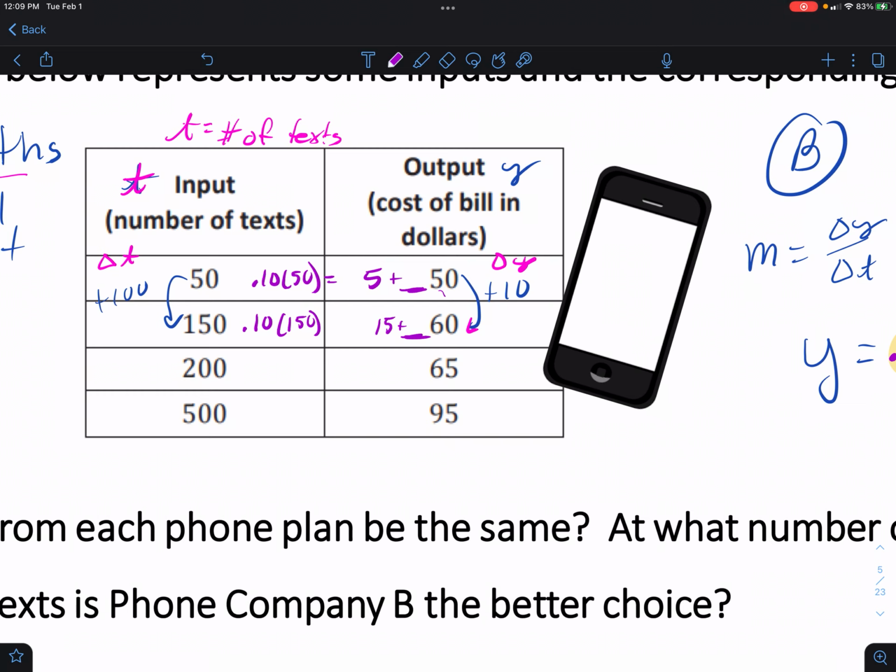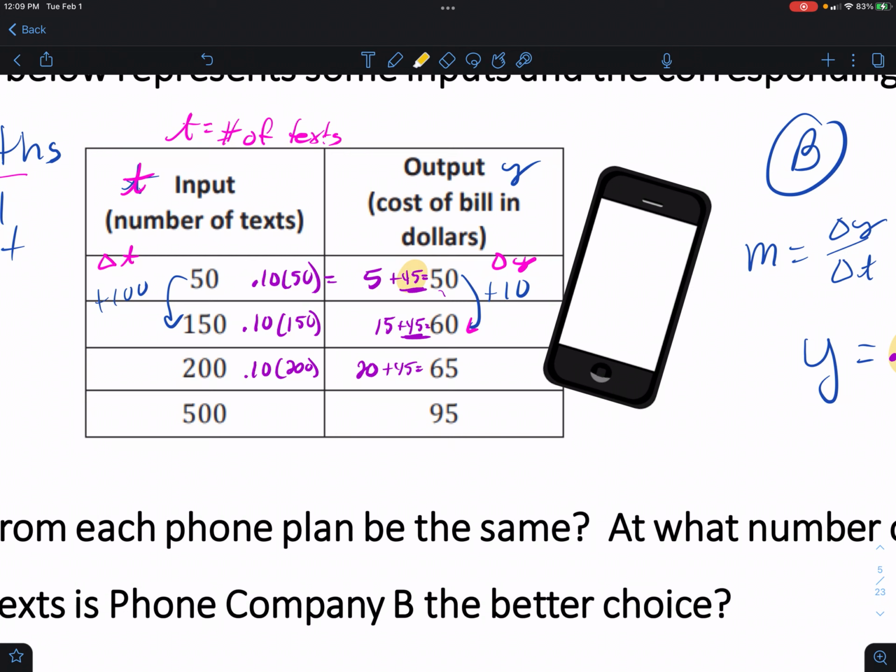And if you work backwards, you would realize to get 50, we would have to add 45. To get 60, we would have to add 45 to get those final numbers. And the same thing here, 0.10 times 200, that's going to be 20. And if we add 45, we get 65.